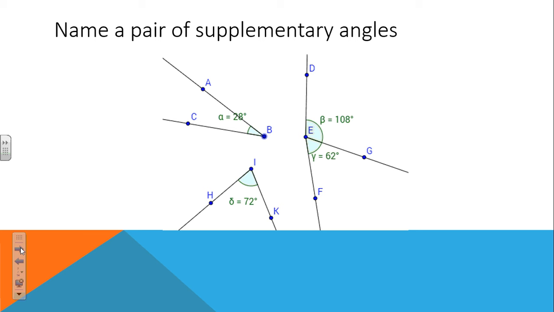Good job. DEG and HIK. I'm just going to call that angle I. I'm going to be lazy. One angle, one letter. But multiple angles, we have to use the three-letter combo. Everybody get those two? Okay.